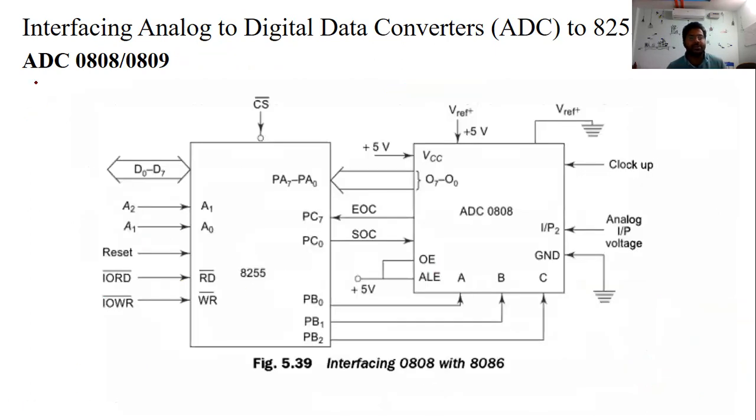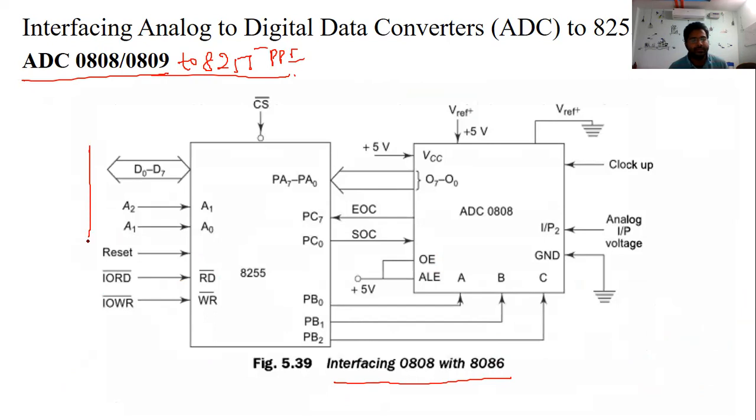Now see this, interfacing ADC to 8255 PPI. This is the interfacing diagram: interfacing ADC 0808 with the 8086 microprocessor, with the 8255 on this side. In the examination you also draw this.